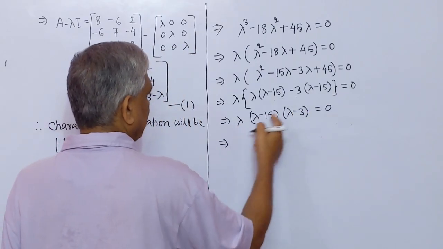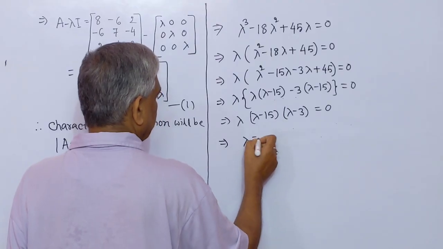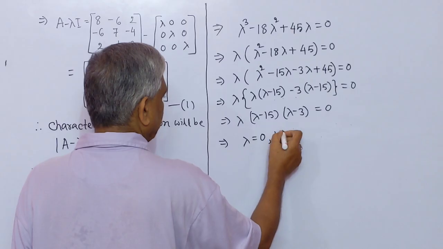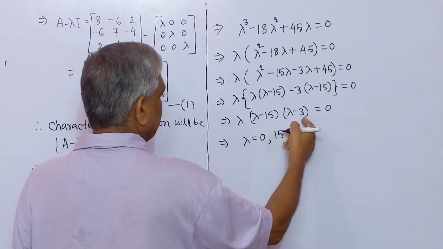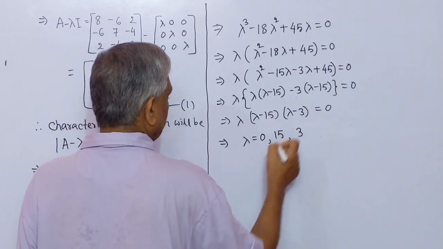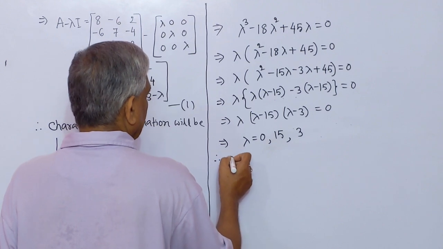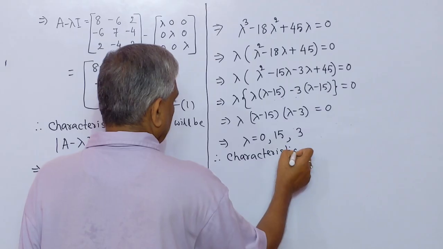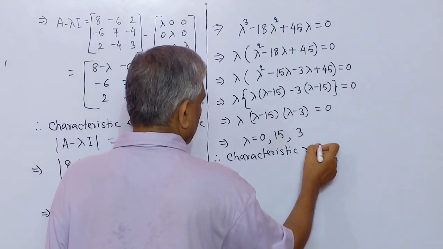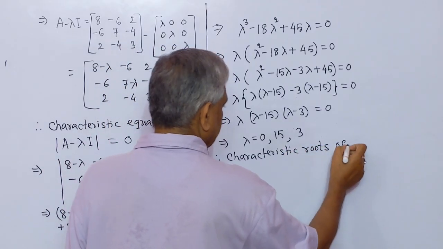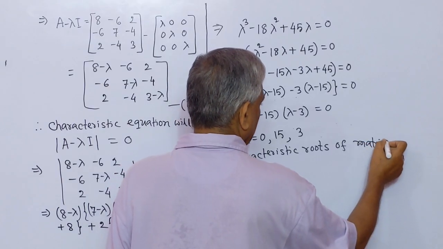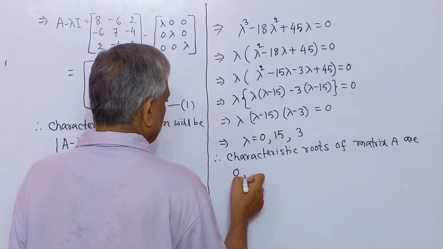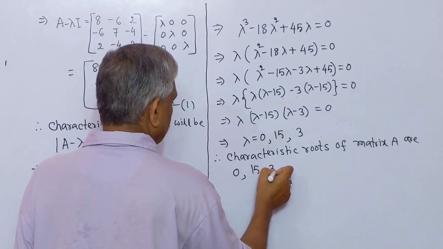So lambda equal to 0; if lambda minus 15 equal to 0, then lambda equal to 15; if lambda minus 3 equal to 0, then lambda equal to 3. Therefore, characteristic roots of matrix A are 0, 15, 3.